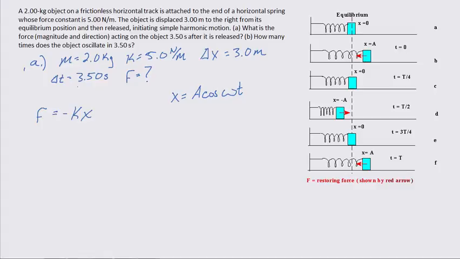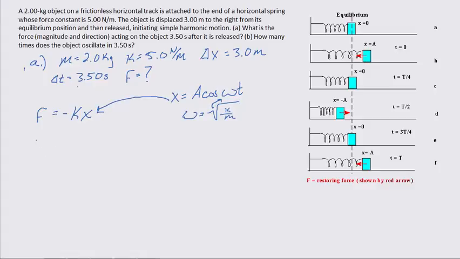We have our time, and our amplitude is our actual displacement of the spring, but we don't have our angular speed. But we know that angular speed is also equal to the square root of K divided by M, so we can plug in our angular speed.